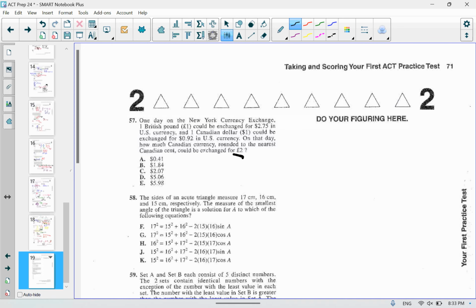Here, I know I'm given 2 pounds and they are worth about $2.75. So 2 pounds times $2.75 means that I would have roughly $5.50 in American.